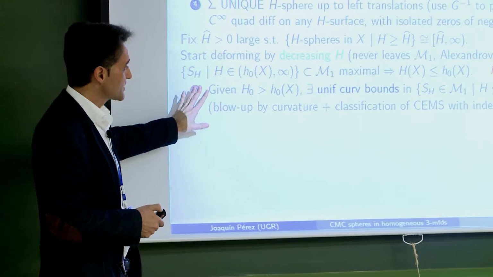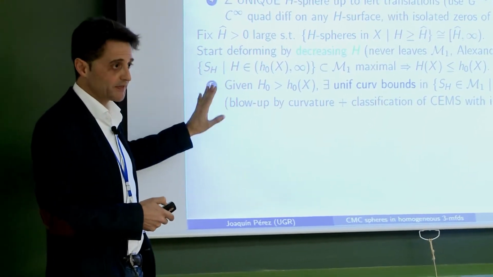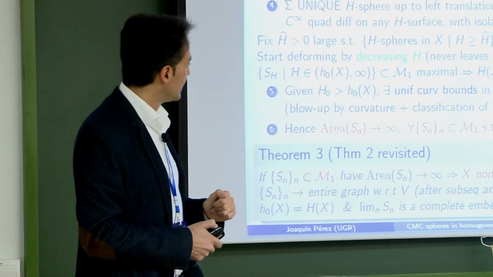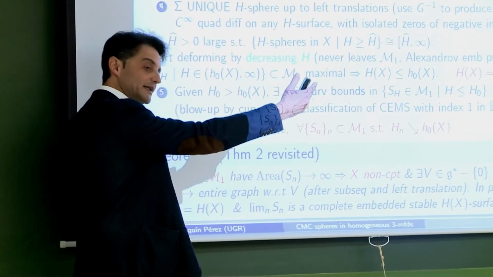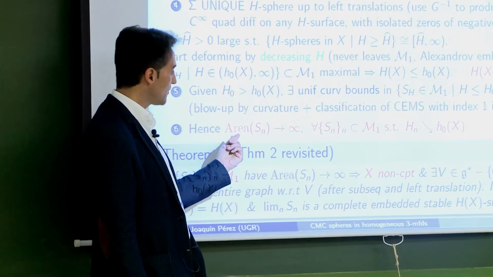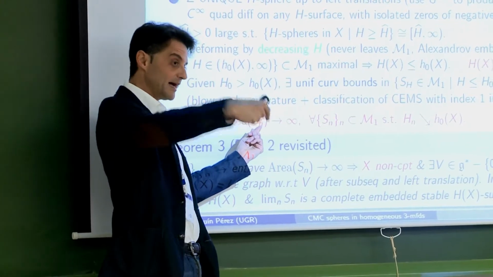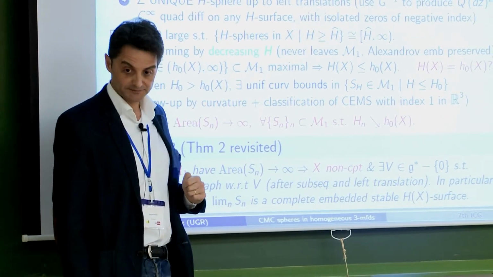So curvature bounds are guaranteed, okay? So the only thing that can fail is to have area bounds. And then you see, if I have an obstacle to go beyond that deformation argument, it is because I have a sequence of spheres of index 1, now of index 1 because I'm coming from the red curve, whose areas go to infinity.